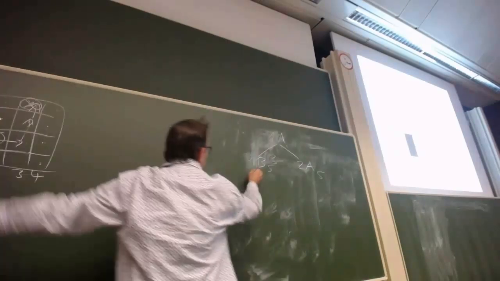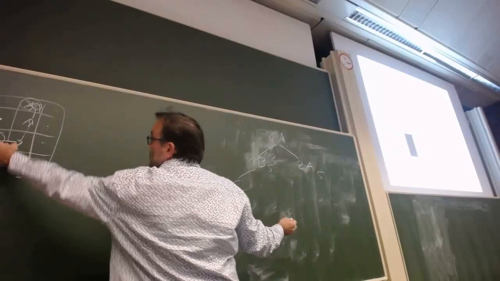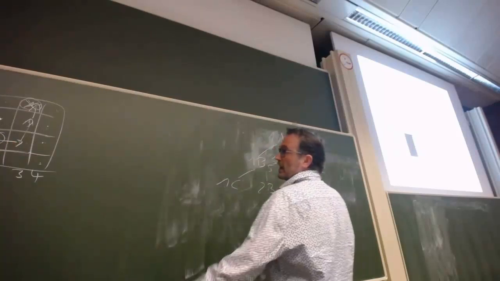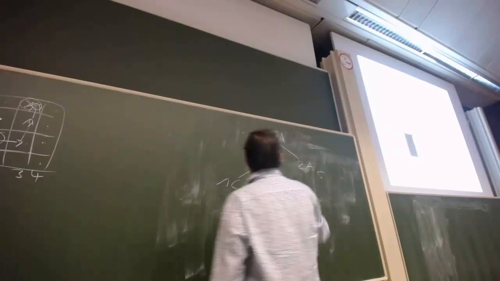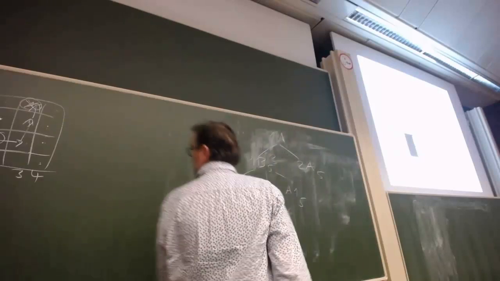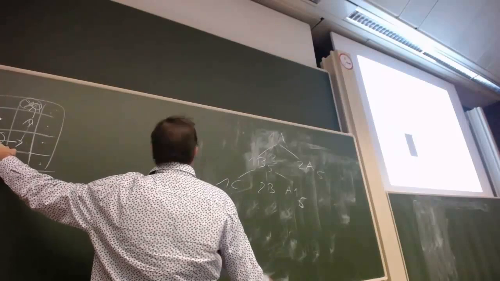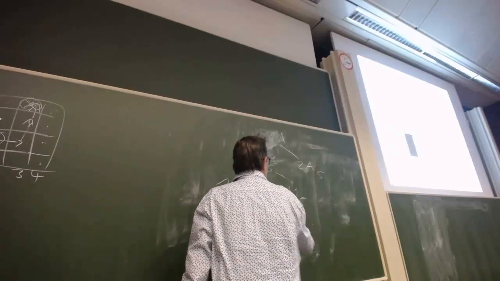Let's take 1B. So we have 1C, 2B, and a 1A again. So then this one will be 6 again. This one will be 1, 2, 3, 4, 5, and this one will be 1, 2, 3, 4. So I think this one is the best one. Yeah?